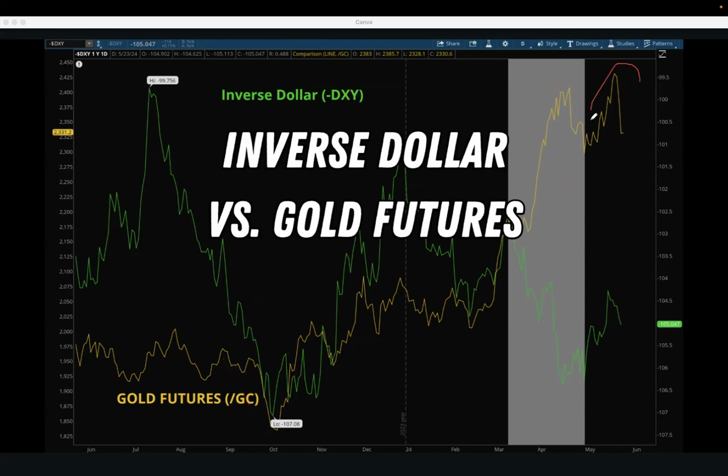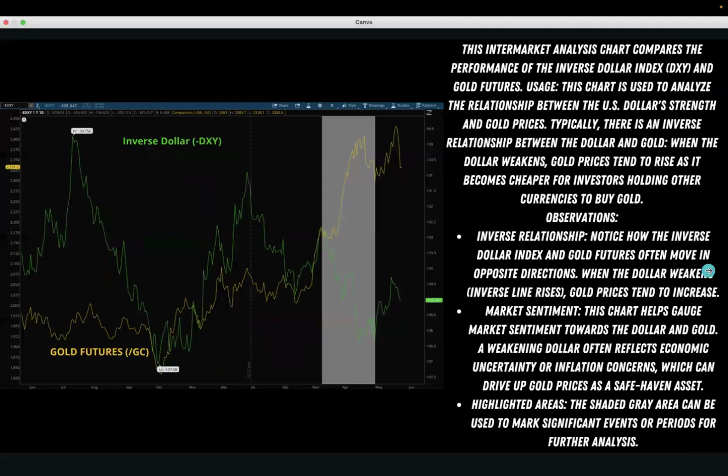We're starting to break out from this divergent period that we had, where we were actually seeing the dollar go up and gold prices go up at the same time. And as I mentioned before, if you're able to spot this early on in the cycle, or even halfway through, you could have potentially capitalized on that by getting into some gold longs here.